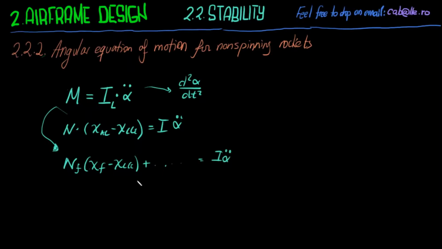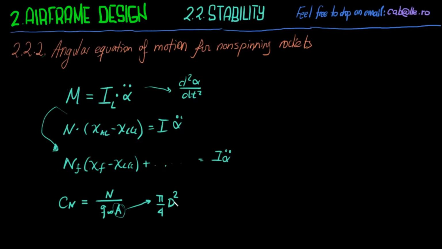Alright, and now we're going to introduce the concept of the corrective moment coefficient, which is the normal force divided by the dynamic pressure times a reference area A. Unless we're talking about drag, I'm going to use the letter A for the reference area, and the reference area is always going to be the cross-section of the rocket at its diameter.